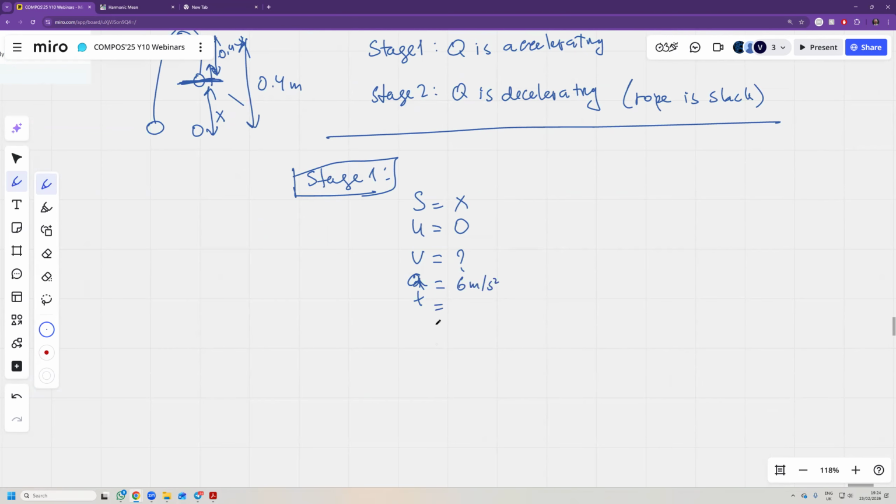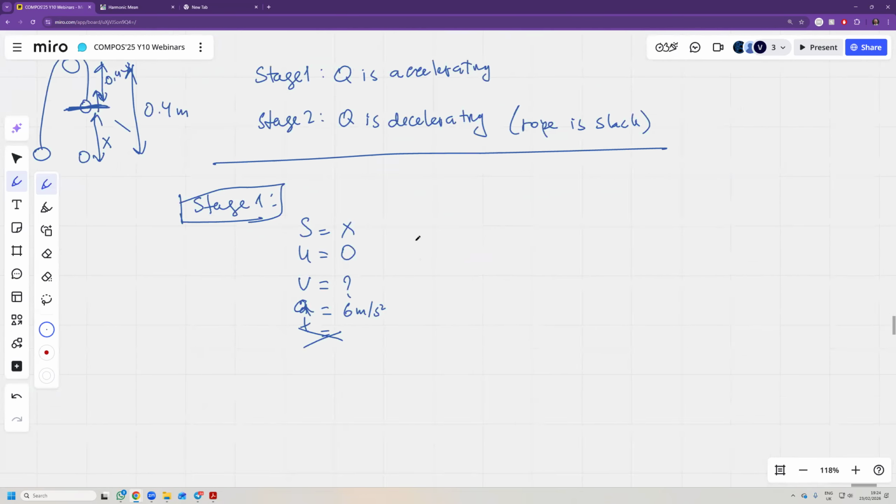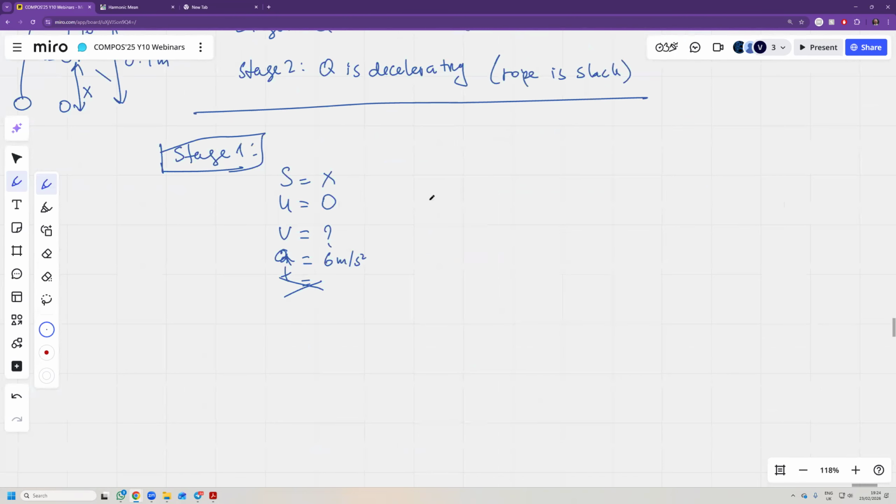And t, I don't think we need t. So we need an equation without t: v squared equals u squared plus 2as. So v squared is equal to 0 squared plus 2 times 6 times x. And so v is the square root of 12x. Oh, nice.